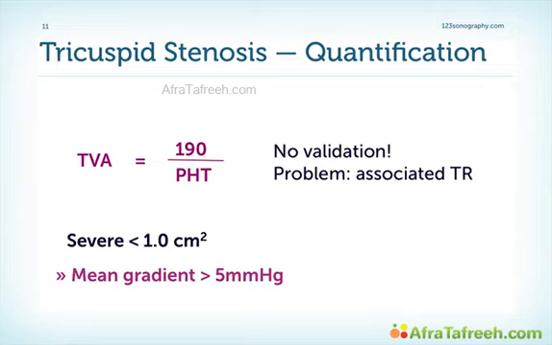Don't forget that the normal tricuspid valve is much larger than the mitral valve, so you have to have significant changes happen until you have some form of severe tricuspid stenosis. And finally, if you use the mean gradients, a gradient above 5 millimeters mercury would mean you have severe tricuspid stenosis. But don't forget, TR and cardiac output also play an important role with respect to the gradients.